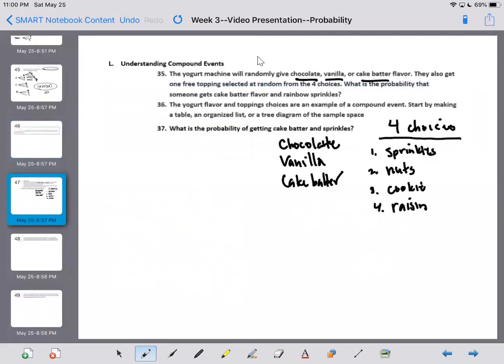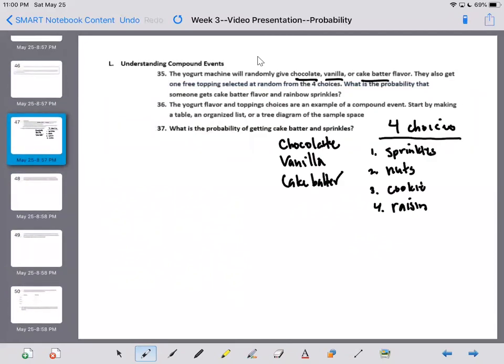All right, let's look at another example. This is compound events. So when you're thinking about compound events, you've got the yogurt machine that is going to randomly give chocolate, vanilla, and cake batter. They also get 1 free topping from 4 choices, and here are your 4 choices.